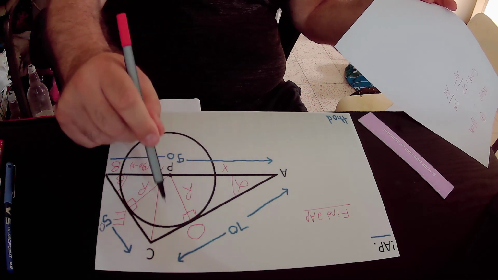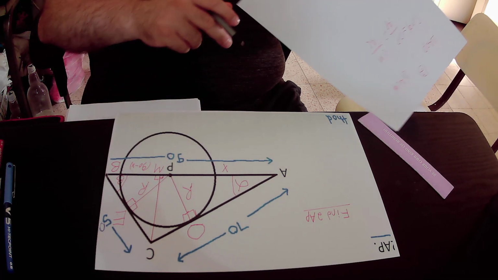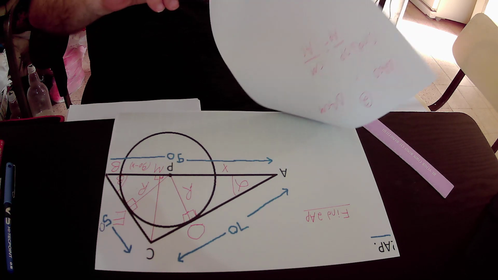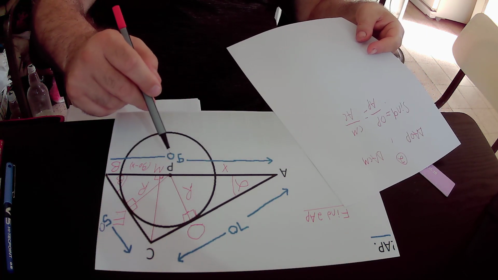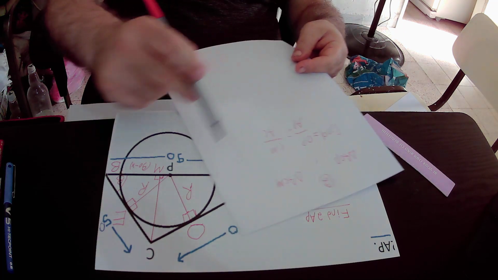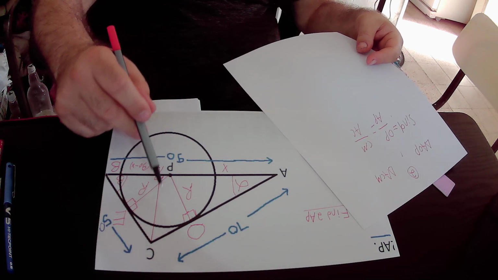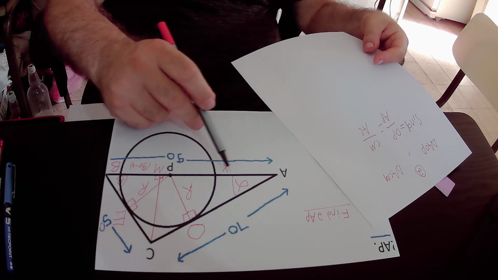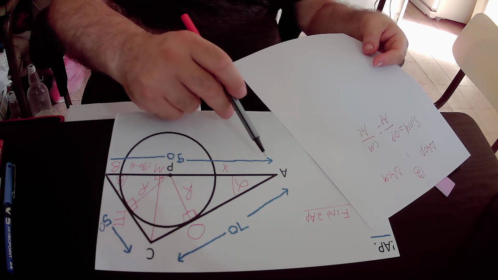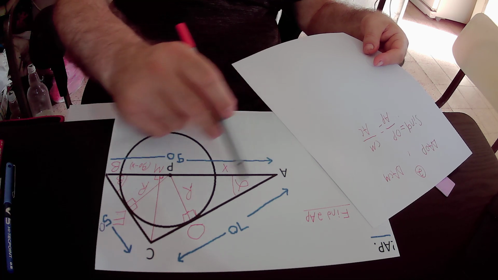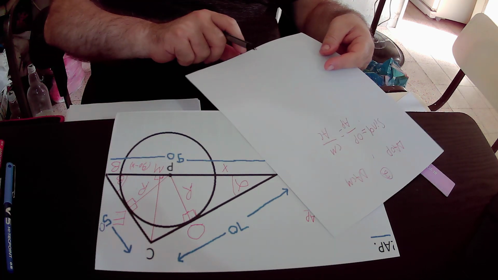So sine alpha in the right triangle ACM equals CM over AC.